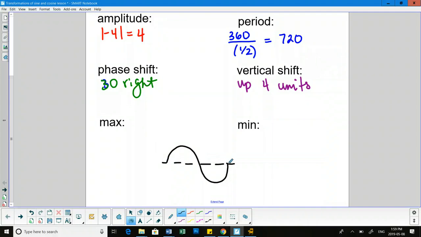So we use our C value, which is 4, and we're going to count up and down the amplitude from that. So we're going to count up 4 units from 4, which gives us a max of 8. And then we'll count down 4 units from 4, which gives us 0.